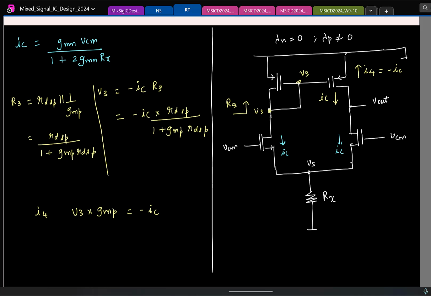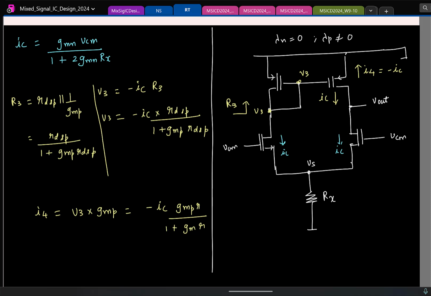Then what is I4 exactly? This is basically minus IC times GMP RDSP by 1 plus GM times R. I'm not writing all the subscripts. So now tell me what is the short circuit output current.